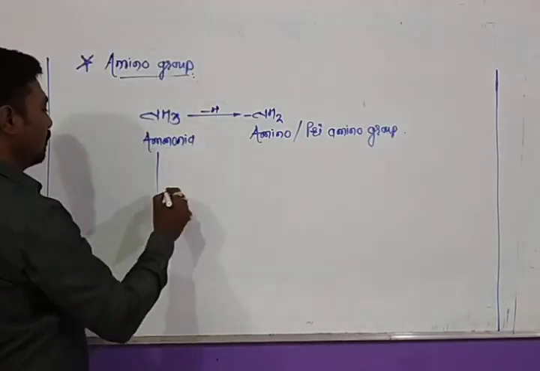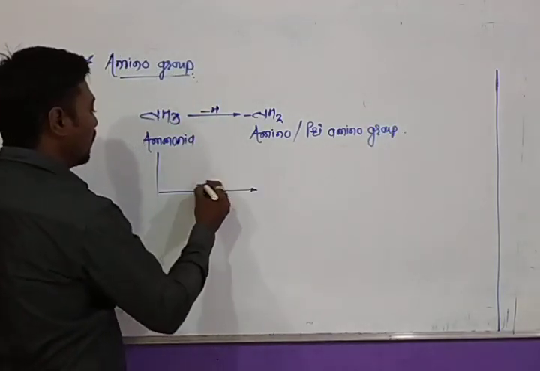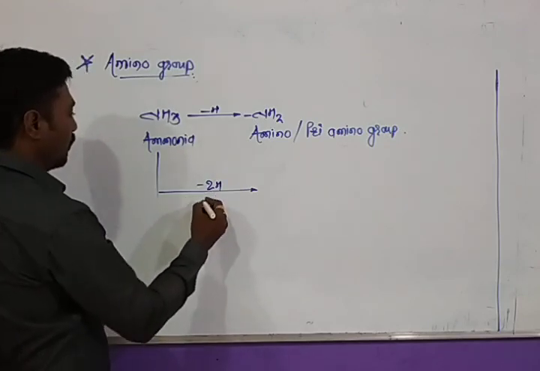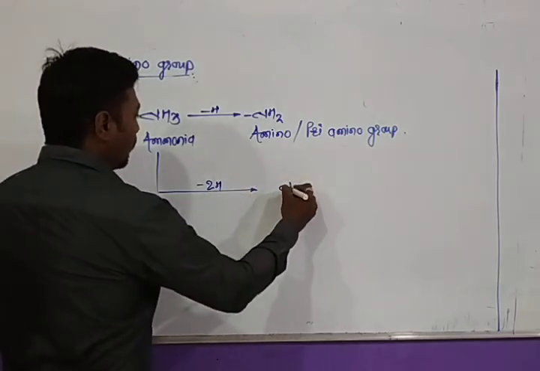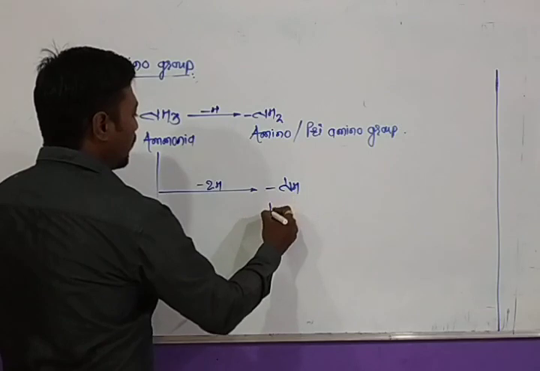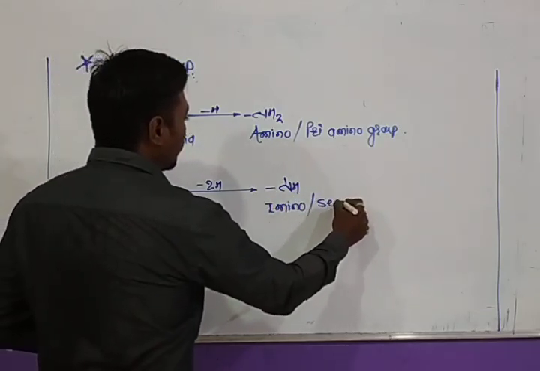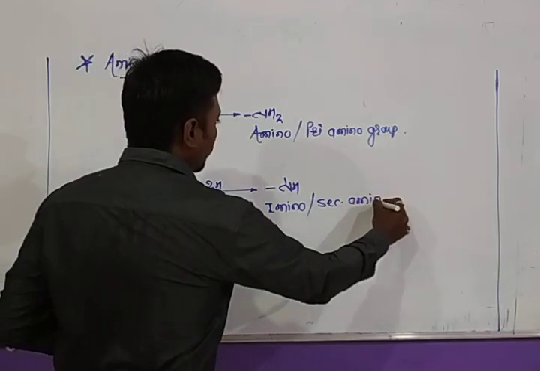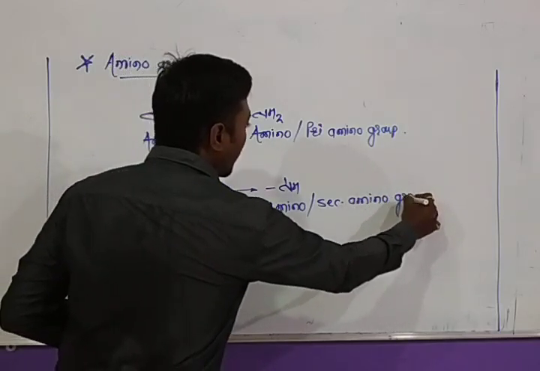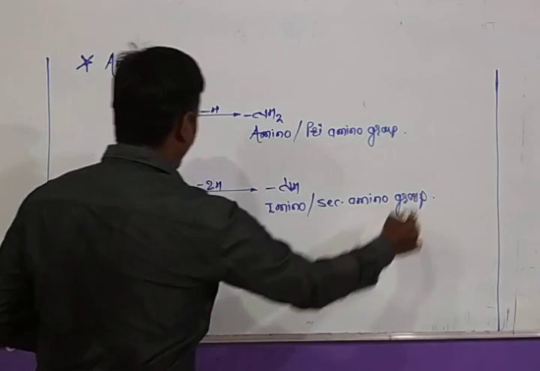If two hydrogen atoms of ammonia are removed, we get the imino group, or simply the secondary amino group.